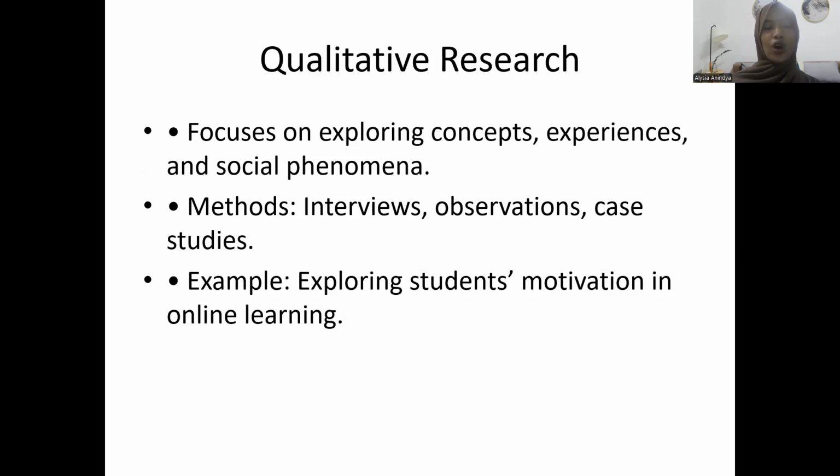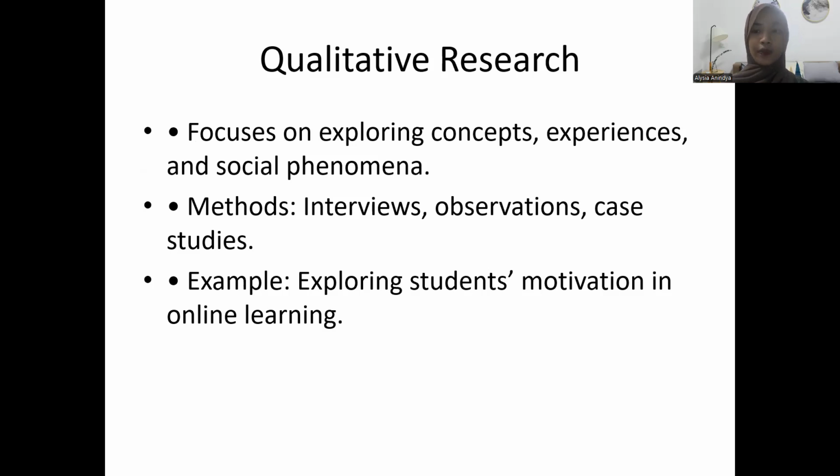The example of qualitative research, like this topic, exploring students' motivation in online learning. And another example for this qualitative research is like how positive emotion affects learning in a new language.